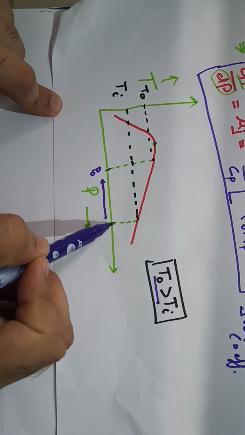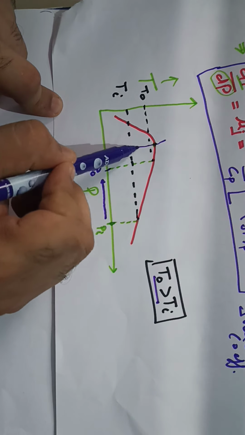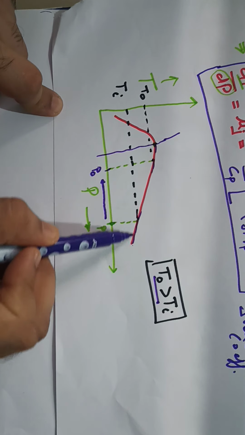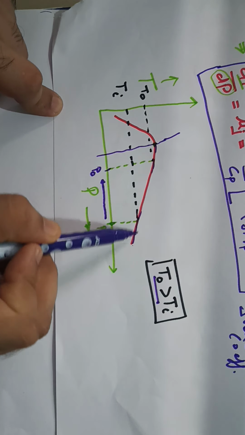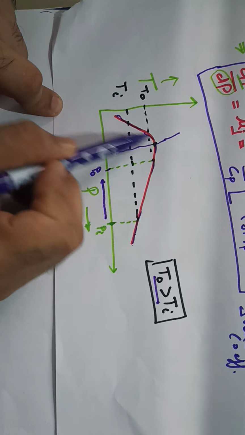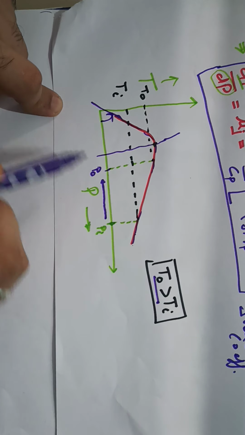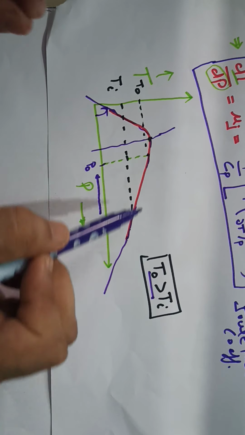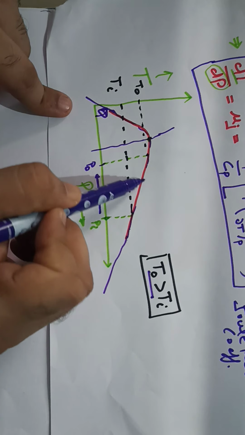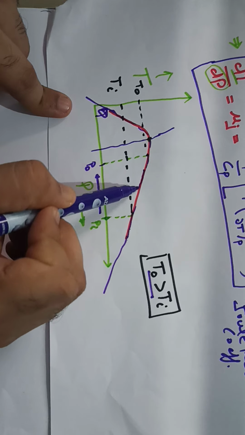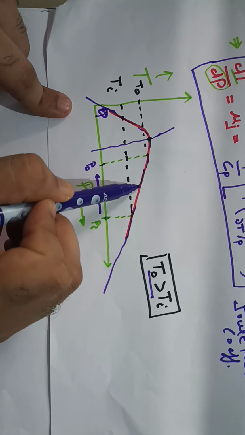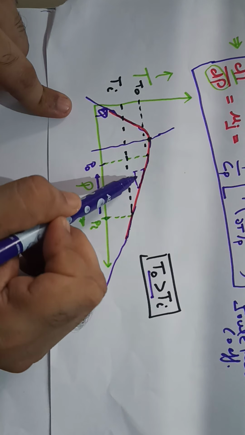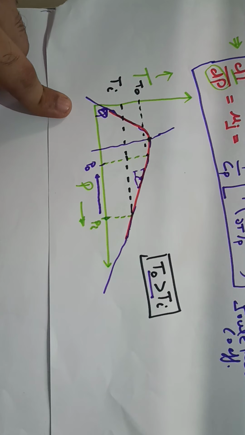If we look across this point, this portion of the curve has negative slope, and this portion of the curve has positive slope. If we take a small portion of this and do some mathematical calculations, we can find this is negative slope.